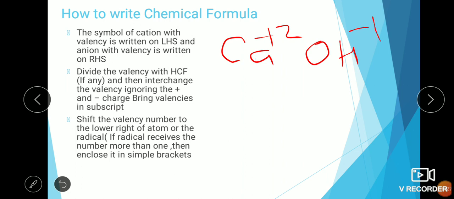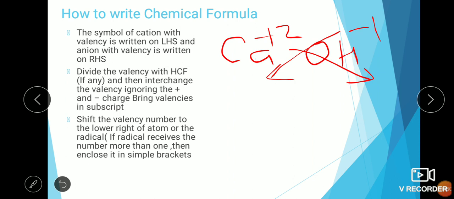Now here some of you may have this question, when I am cross multiplying, will this 2 be only for hydrogen or will it be for both hydrogen and oxygen? So my dear friend, when you are cross multiplying, as OH minus is a diatomic radical, this number 2 is for both oxygen and hydrogen.